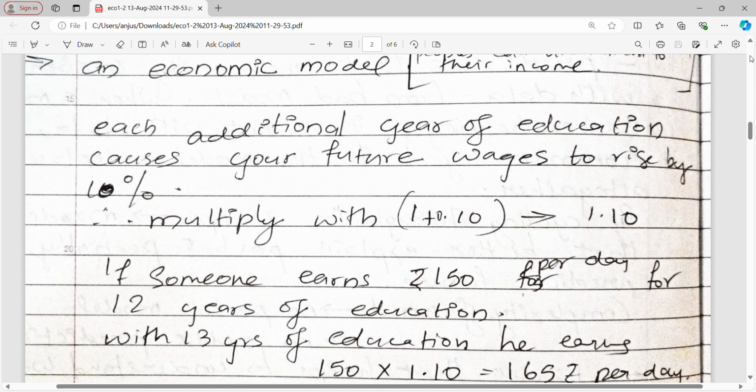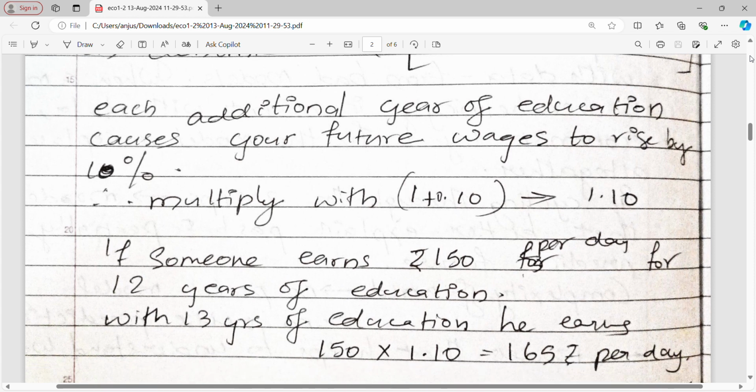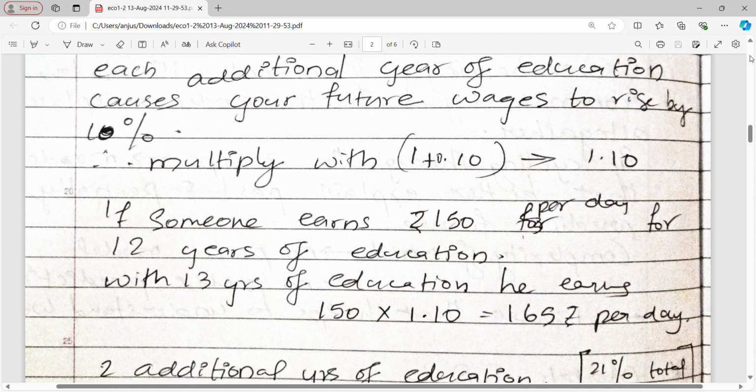So if someone earns 150 rupees per day with 12 years of education, that means with 13 years of education he can earn 165 rupees per day, that is 150 times 1.10, which is 165 rupees per day.